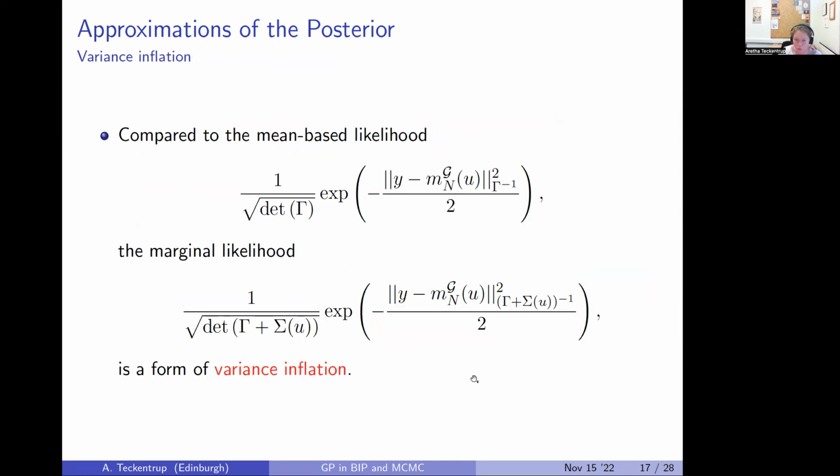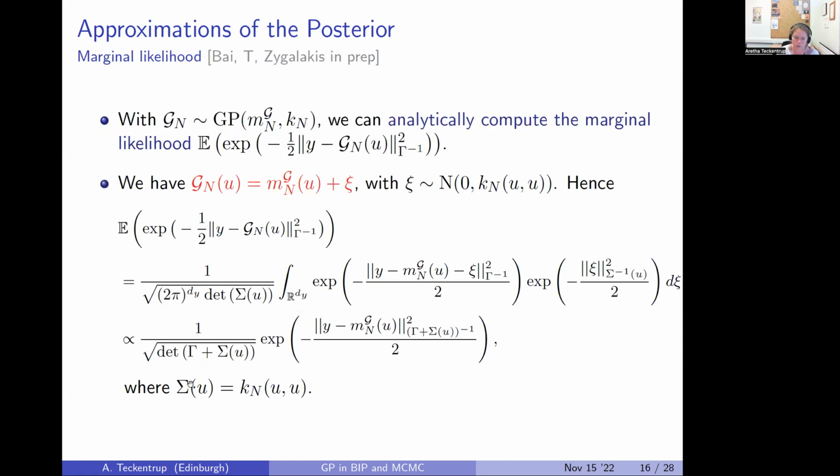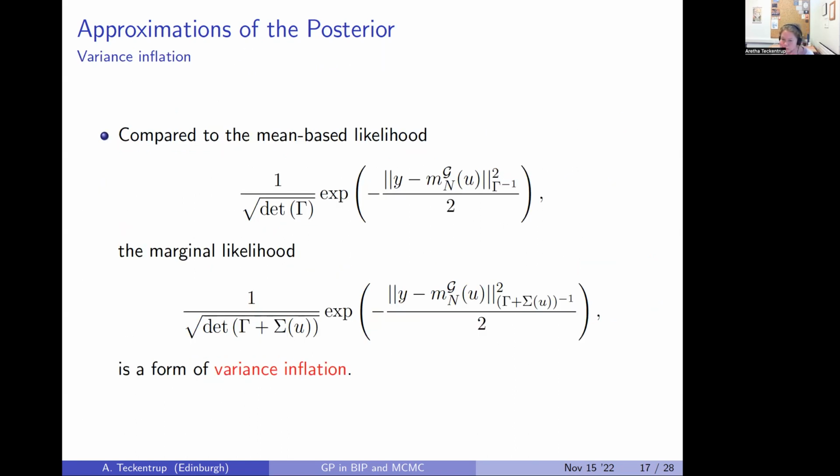So what you can see is for the marginal likelihood, you get this expression. This is the one that I just showed you on the previous slide. What you end up with here is just the mean inside here, and then you essentially get an extra factor of the sigma of U, which was just the variance of your Gaussian process emulator added on to the observational variance gamma.